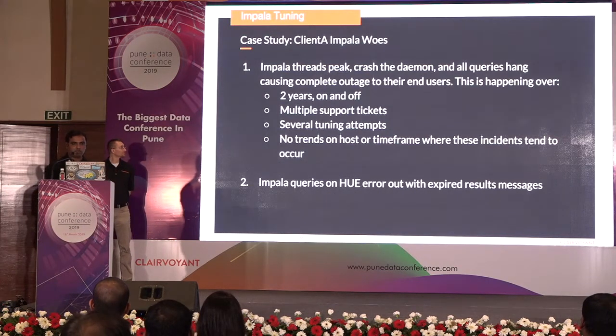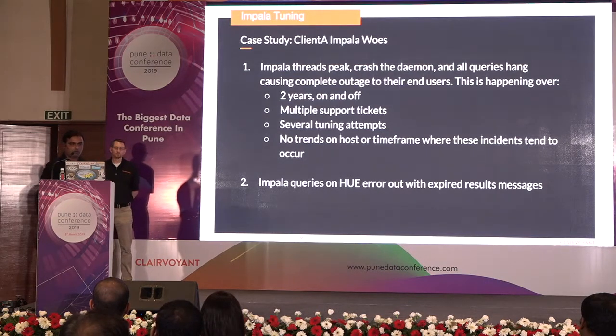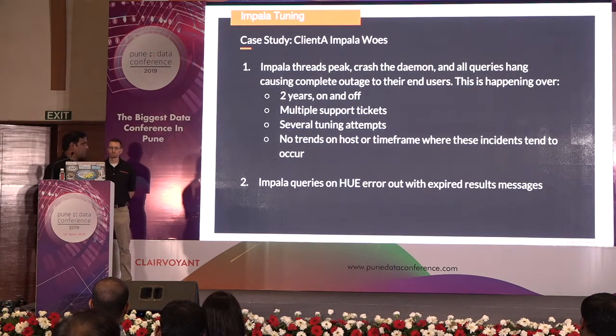The threads that were spiking were basically on one of the Impala daemons, and ultimately the daemon was crashing due to it. The second problem that they had was Impala queries on Hue, which errored out with the results and timed out. Sorry, it's difficult for me to just match the slides because it's not presenting here.